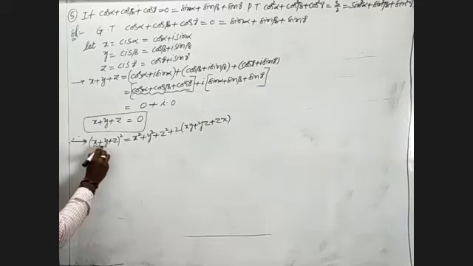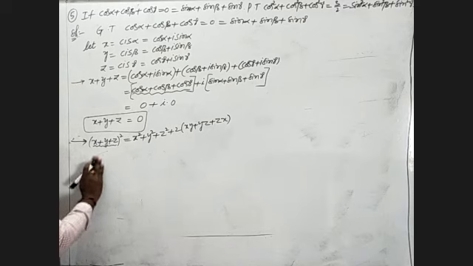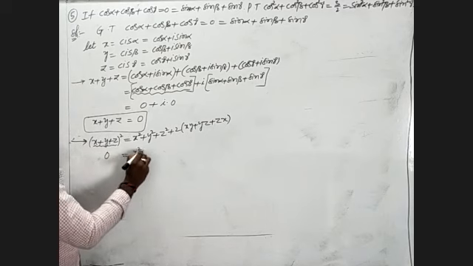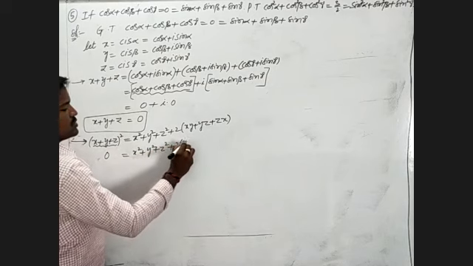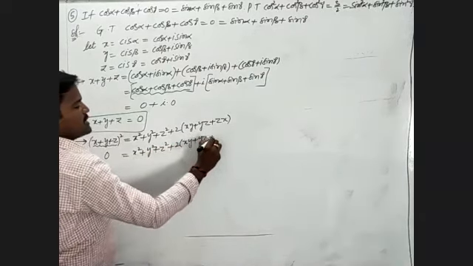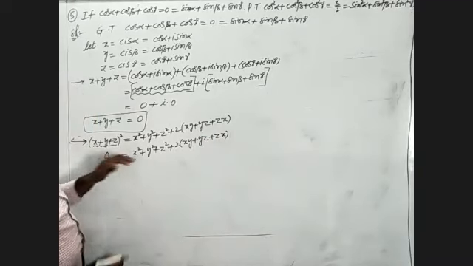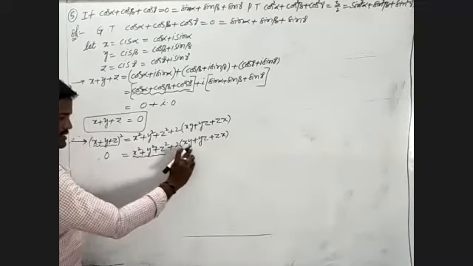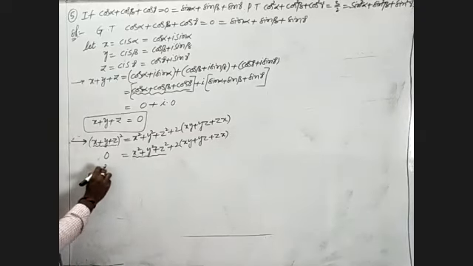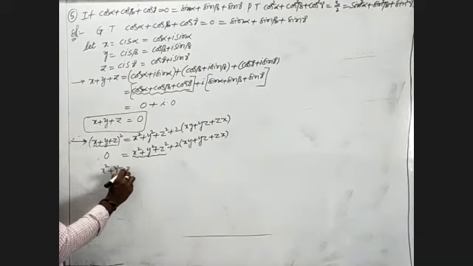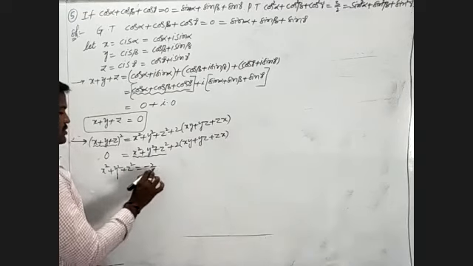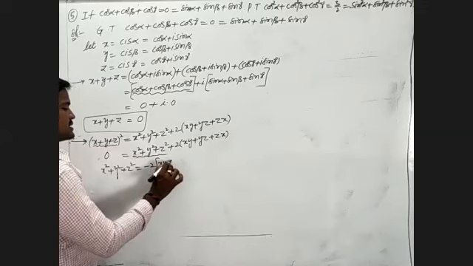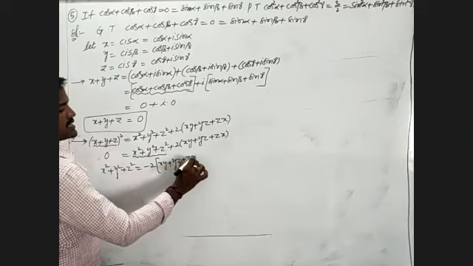Observe, what is the value of x + y + z here? It is 0, and 0 square is nothing but 0. So 0 = x square + y square + z square + 2 into (xy + yz + zx). This value goes to the other side: x square + y square + z square = minus 2 into (xy + yz + zx).